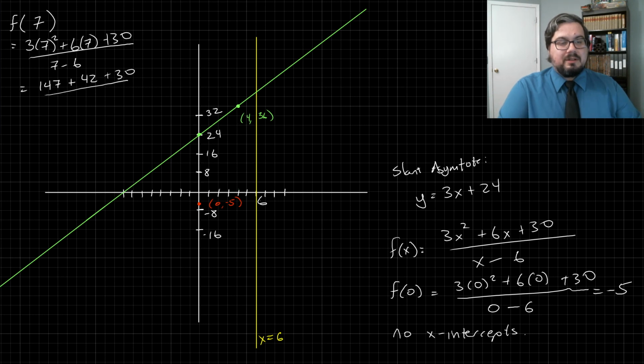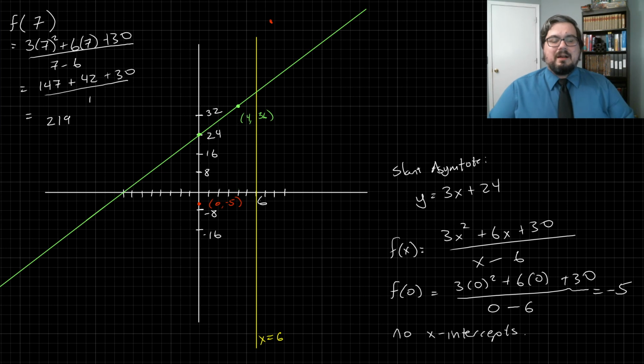And we've got 30, all over 1. So 147 plus 42 plus 30 will be 219. So we clearly have a very tall graph here that's going to stay pretty high up there. In particular, note that it's above the graph of the slant asymptote.